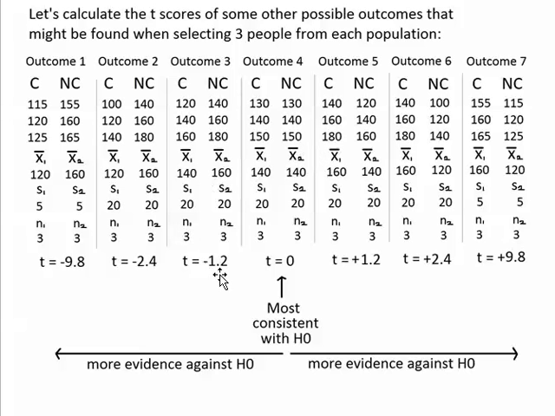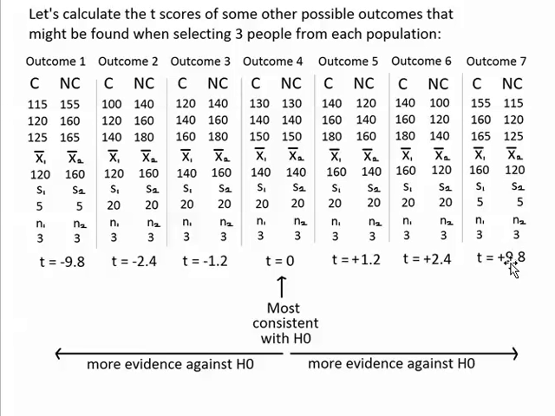And notice here that when the sample means get further apart, t gets bigger. When the mean of sample 1 gets further and further below the mean of sample 2 out here, you have a big difference like this, t is a big negative number. And if the difference is a big difference like this, t is a big positive number.